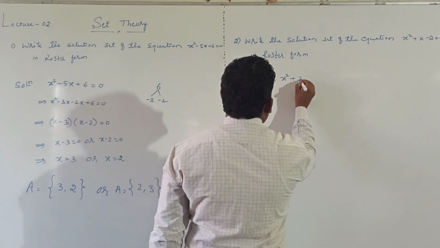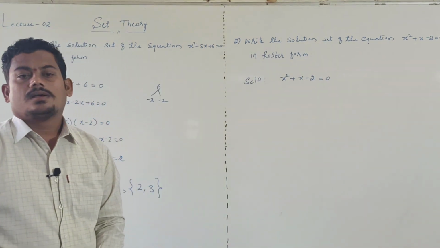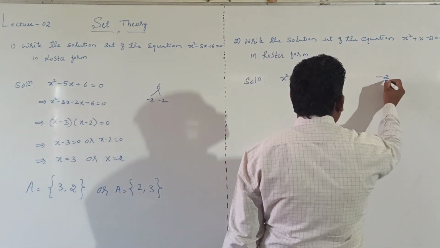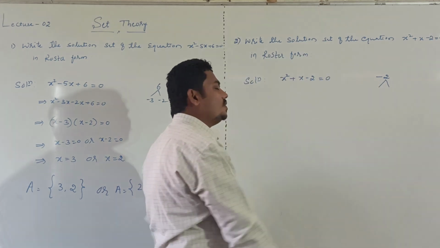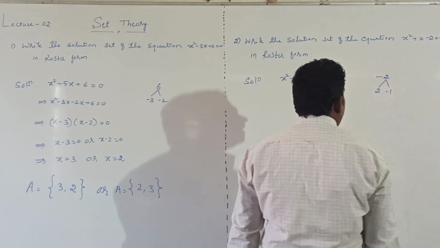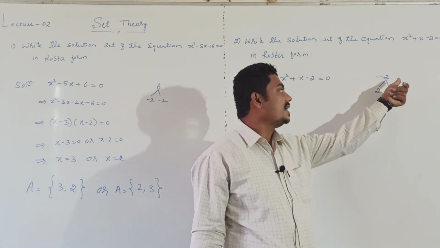x square plus x minus 2 equal to 0. Again, just by factorization, product of two numbers should be minus 2 and their sum should be equal to plus 1. Those numbers are 2 and minus 1. If you multiply these two numbers, you get minus 2.